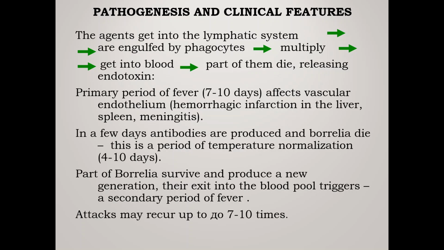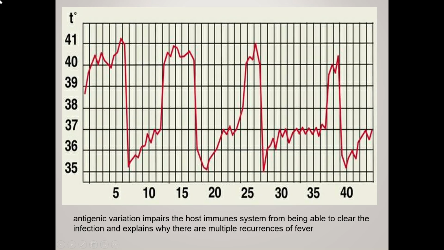Part of the Borrelia survive and produce a new generation, a new antigenic generation. Their exit into the blood pool triggers a secondary period of fever. Attacks may recur up to 7-10 times. On this slide you can see the temperature of the patient and the reason for this temperature: high temperature, decrease, low, increase, high temperature, decrease, low temperature.